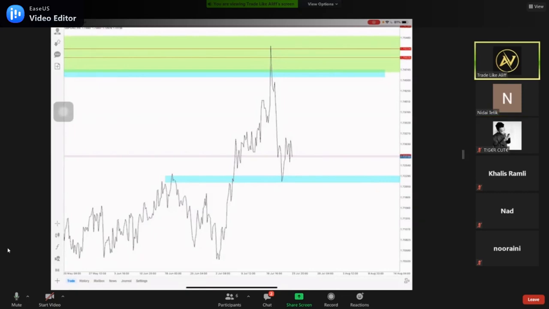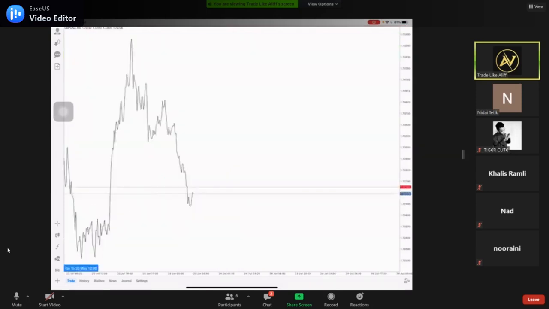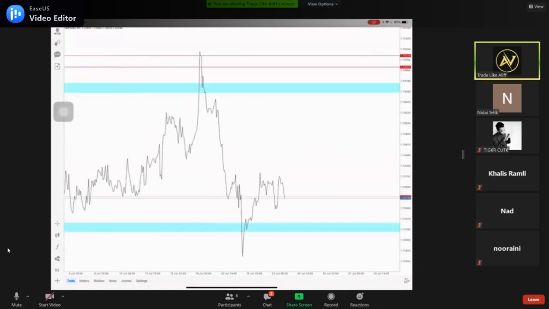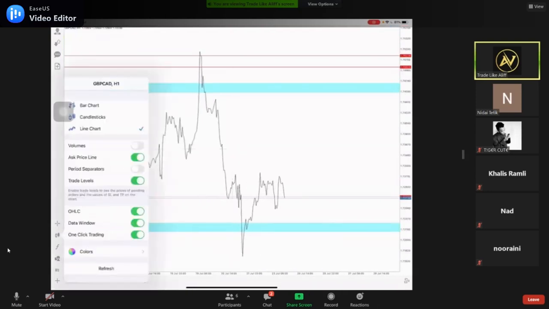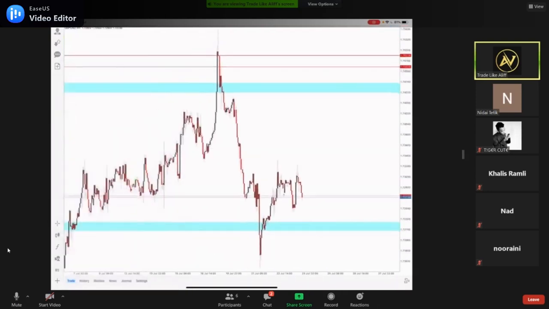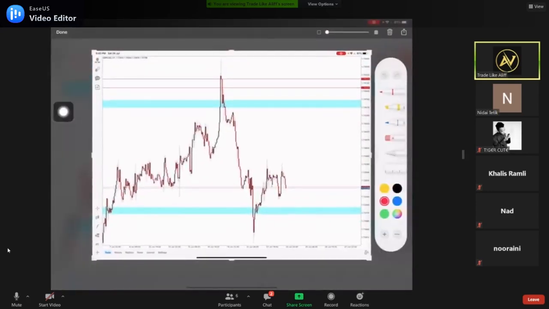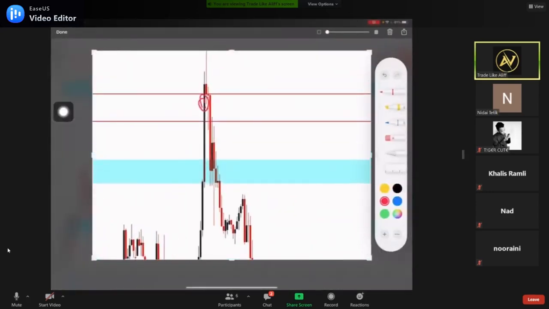I will go to a lower time frame for the second entry, for my big entry here. As soon as price comes into my zone, I'll put one entry.